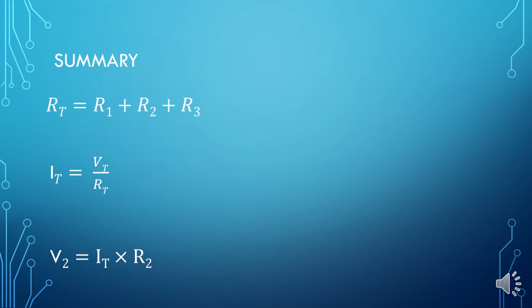And lastly, if we want to find the voltage drop across any component for series, we can use the total current, because current is constant in series, multiplied by the value of the resistor which we'd like to find the voltage drop of. And for our question, what we were interested in is finding voltage drop of resistor 2, which gave us the formula V2 is equal to IT times R2.